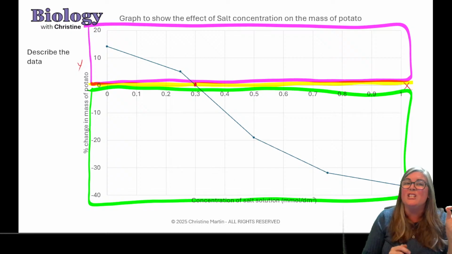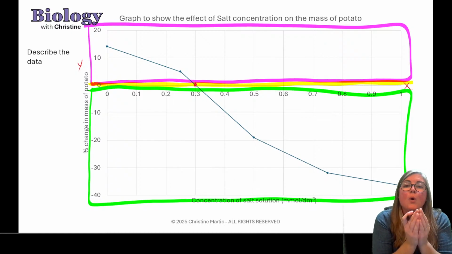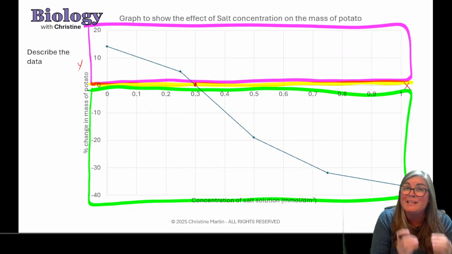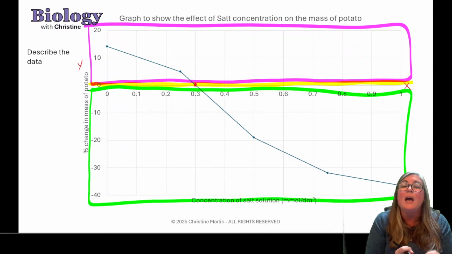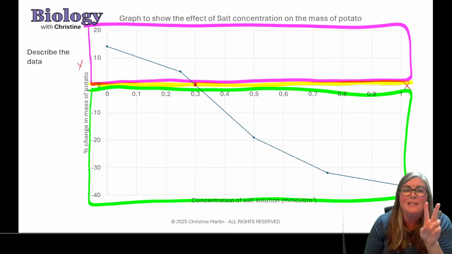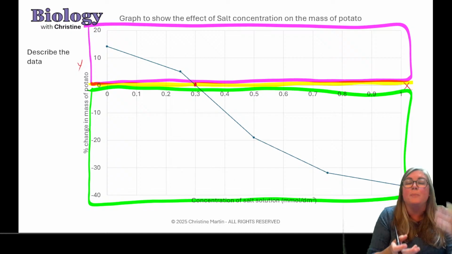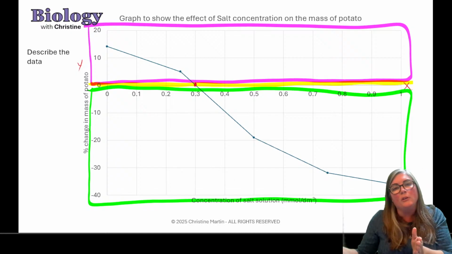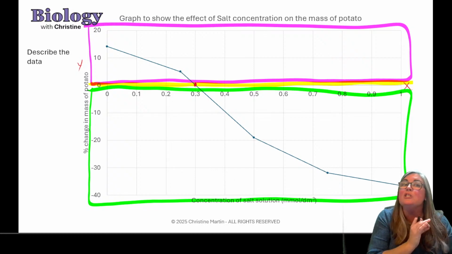Try to be specific when you're describing that data, giving examples. You must use data to back it up. And always with GCSE and even A level, use 2 sets of data. Between 0 and 0.3, the potato percentage change has increased. Between 0.3 to 1, the percentage change has decreased. So that is a describe.